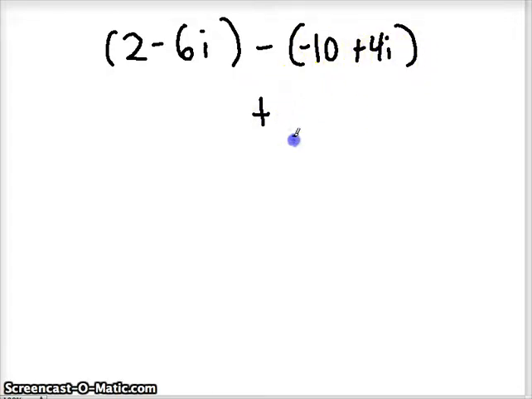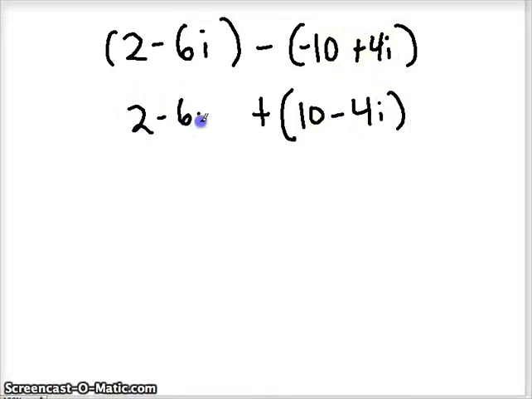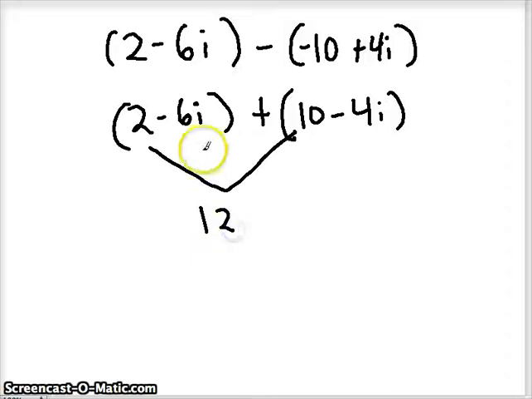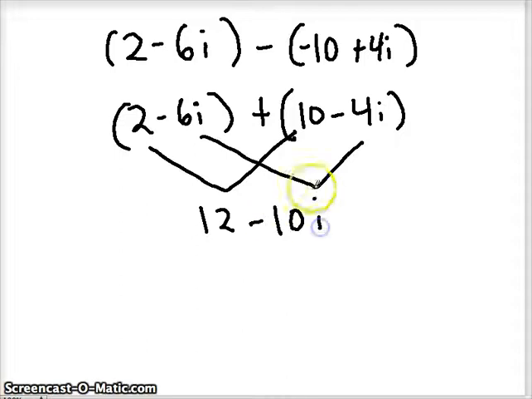So instead of -10, I get a +10. Instead of +4i, I get -4i. Rewrite that first set as it was, and then combine your like terms. The real numbers are 2 plus 10. That gives us 12. And the imaginary numbers are -6i and -4i. They combine to make -10i.